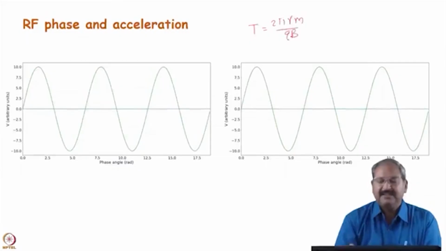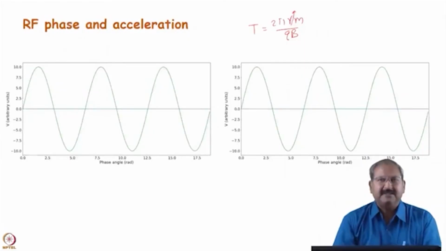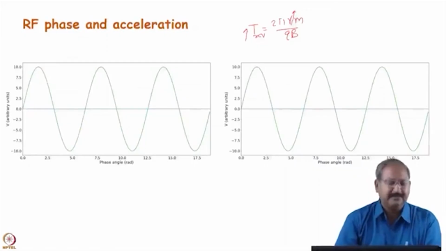Now you can see that as gamma increases, T revolution increases. As gamma increases, meaning high energy, T revolution also increases for that high energy particle. It takes a longer time to complete a closed path than the lower energy particle. This means a higher energy particle seems to be slower.